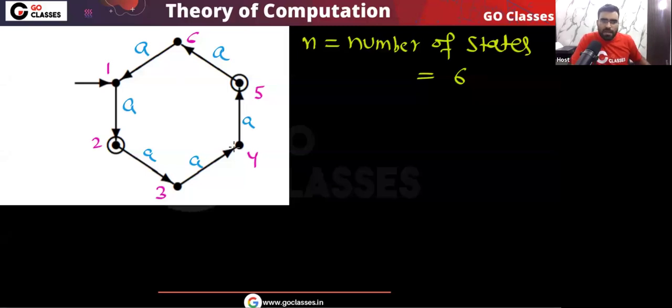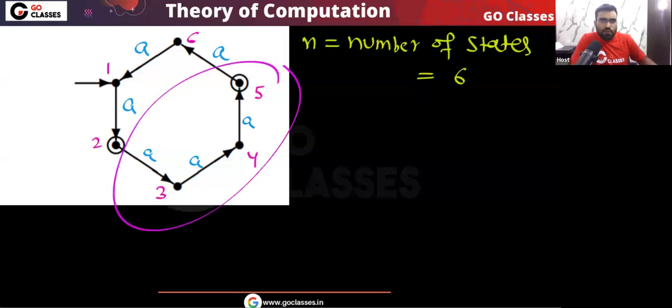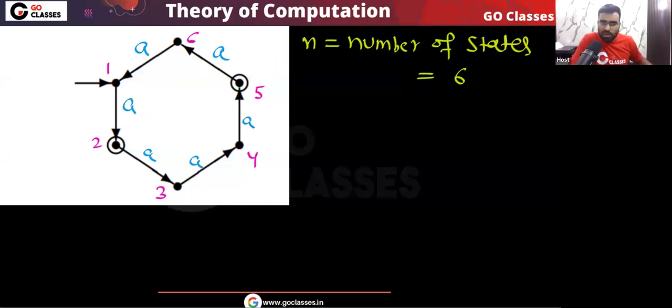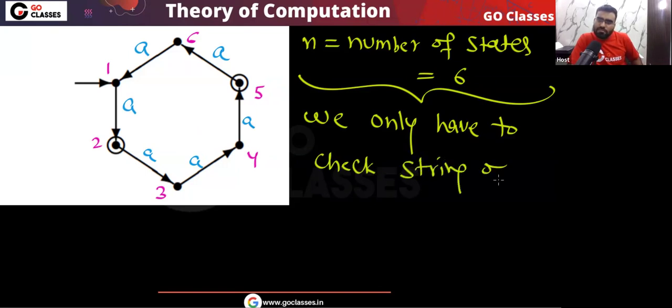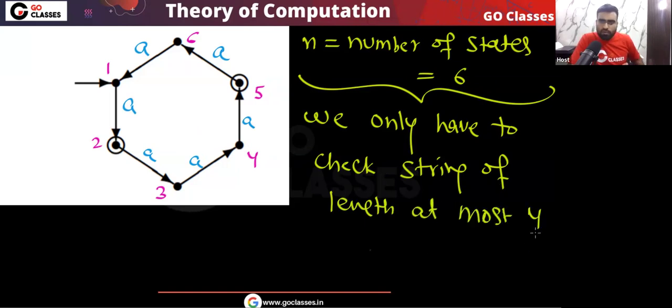So tell me, for any two states, if you want to check whether they are equivalent or not, which strings do you have to check? You have to check strings of length at most 4. Yes or no? So remember, we only have to check strings of length at most 4, because 4 is n minus 2.